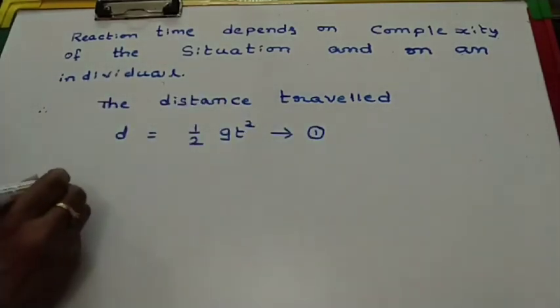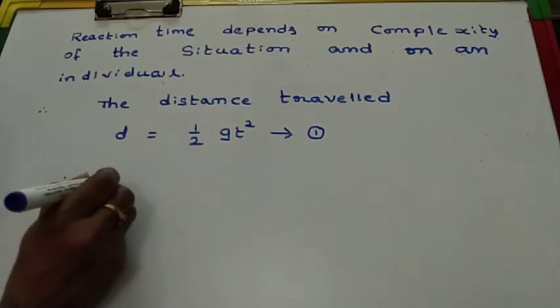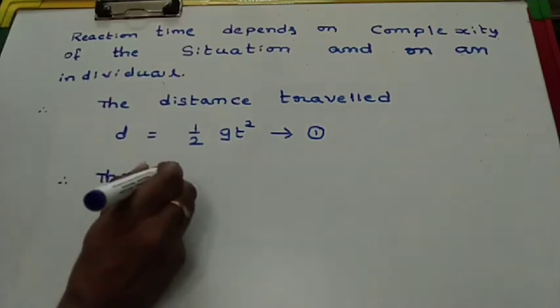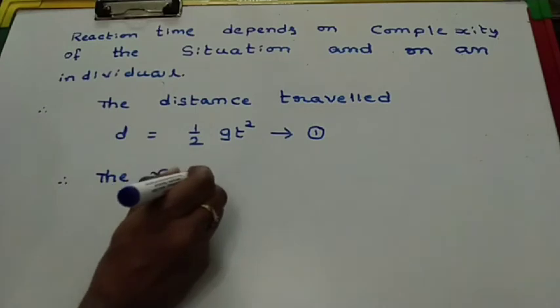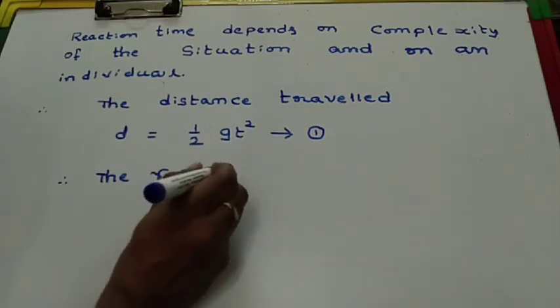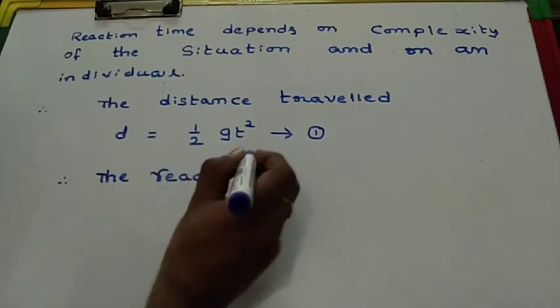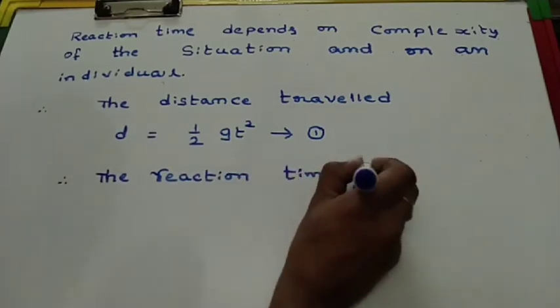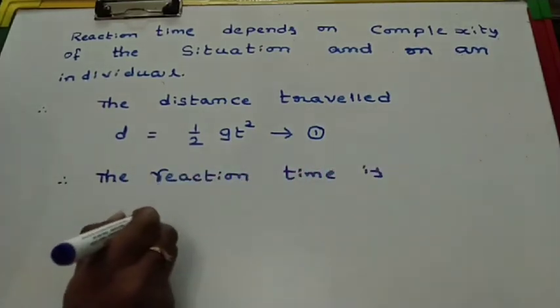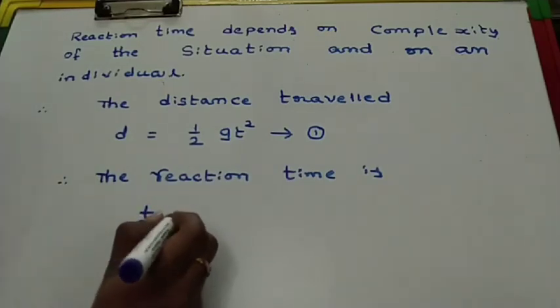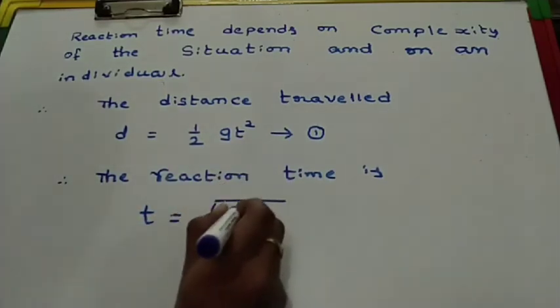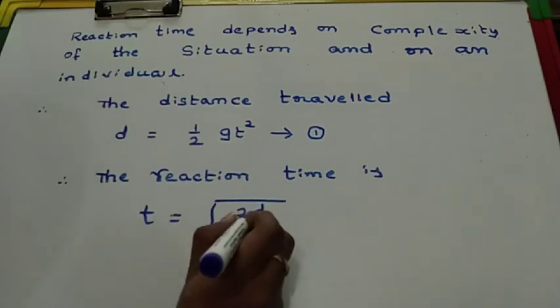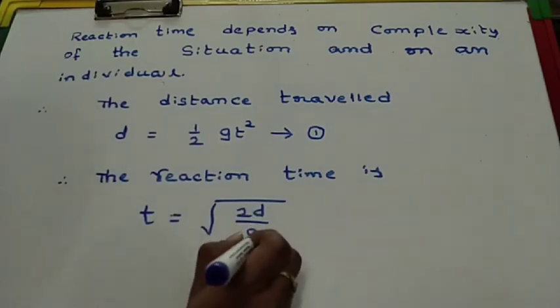Therefore, the reaction time t is equal to root of 2d by g.